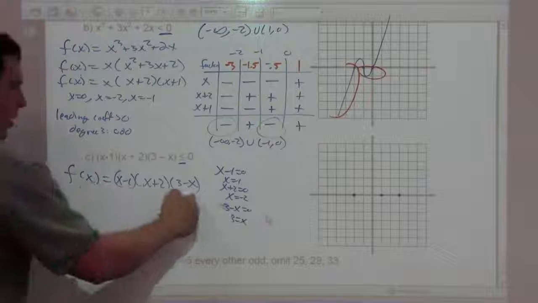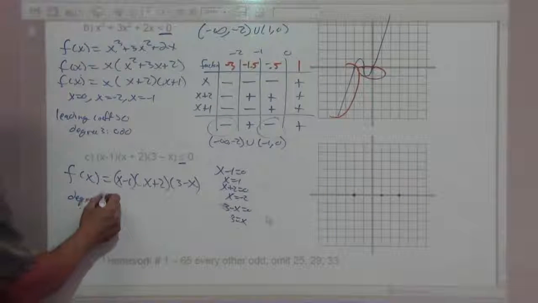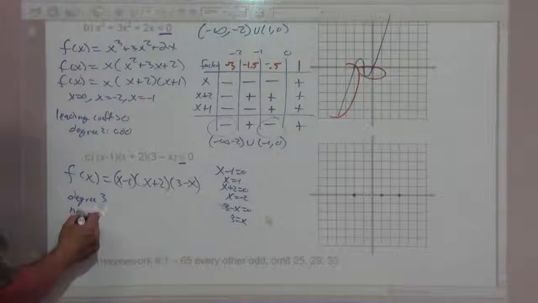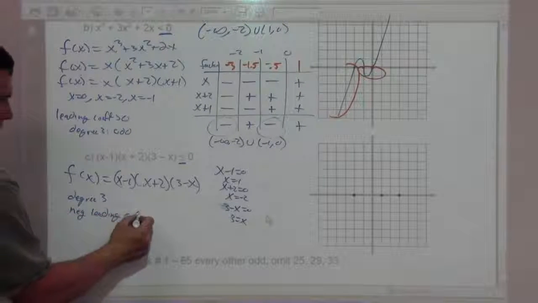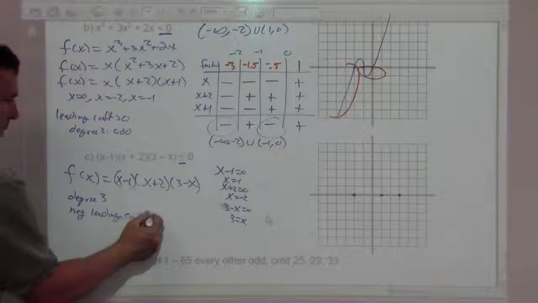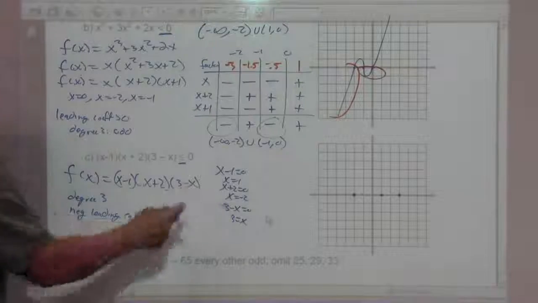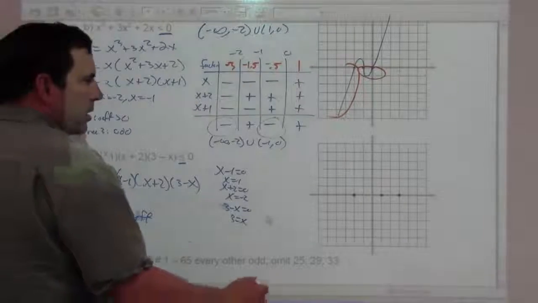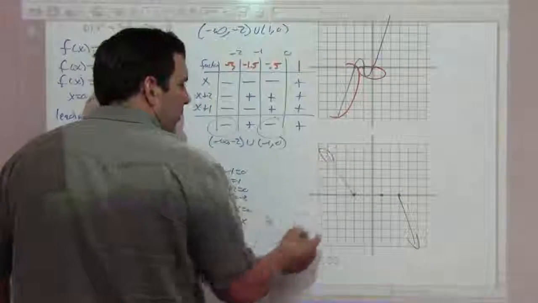Now if you were to multiply this all the way out, you're going to have a degree 3 with a negative leading coefficient. Why negative? Well, x times x is x squared times negative x is negative x cubed. So that means it's going to be going down here, it's going to be going up there.